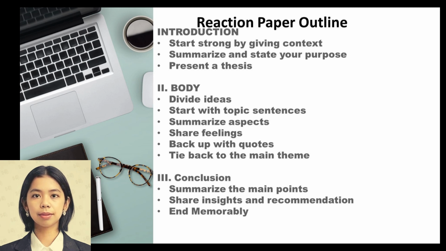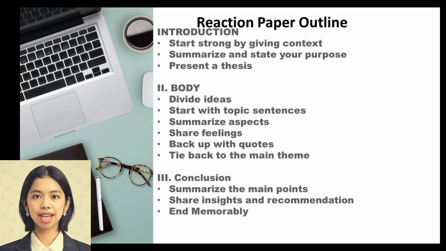2. Body. Divide ideas. Break down your thoughts into separate paragraphs, each focusing on a specific idea or aspect of the piece you're reacting to. Start with topic sentences. Each paragraph should begin with a topic sentence that clearly states the main point of that paragraph. Summarize aspects. Summarize key points or arguments from the piece you're reacting to.